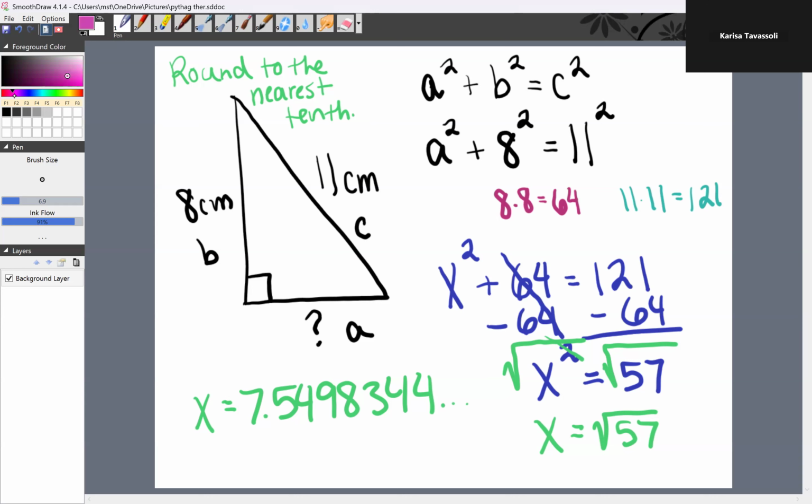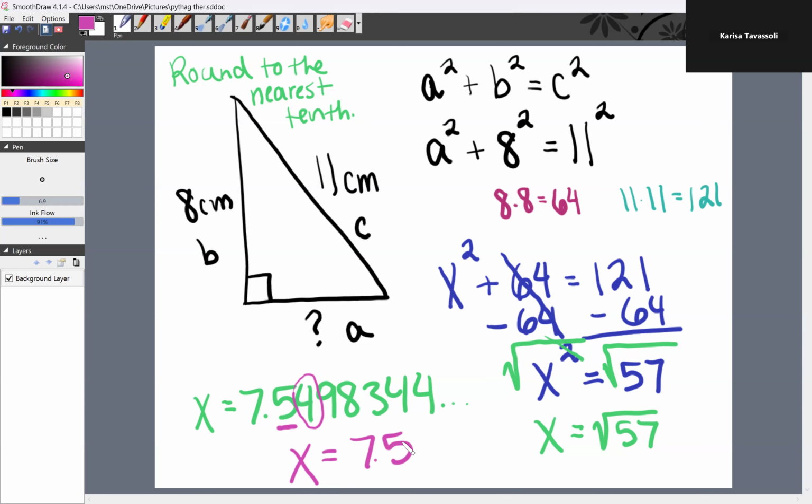That's right. It is this 0.5 here. The 5 is in the 10th place. That means that we're going to look at the next digit over to determine how to round. The next digit we have is 4. 4 is less than 5. So we're going to keep our answer at 7.5.